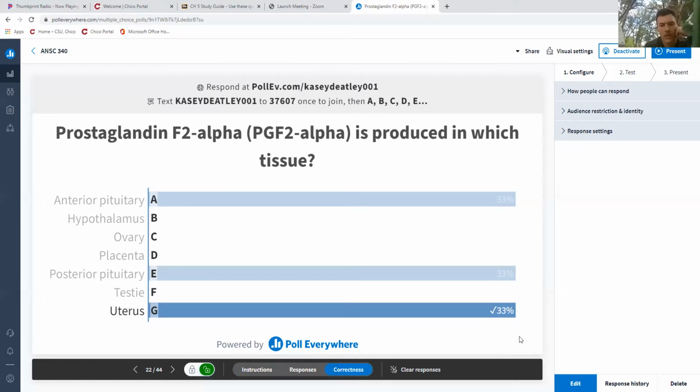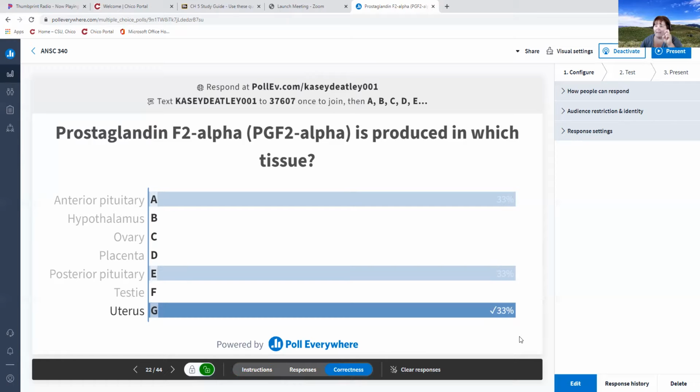When it is produced, what is the purpose of it? So it notices that there's no pregnancy in the uterus, and then it's produced. I'm assuming that's because of GnRH, or is that only because there's no pregnancy? Nope. It's produced because there's no pregnancy, and it then travels to the CL on the ovary and kills it. Oh, no way. Yeah.